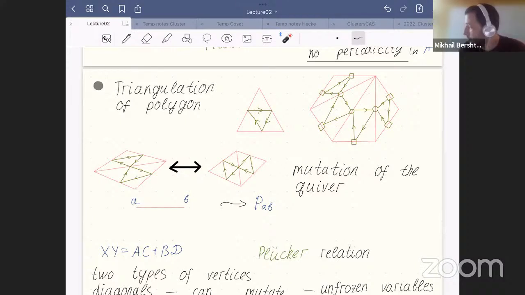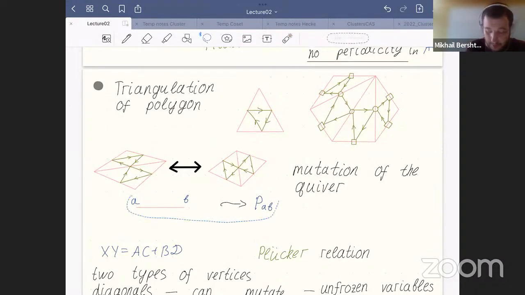So I somehow fixed the orientation of the plane. And further, if this picture were drawn not on the plane but on some surface, this surface should be orientable, and we pick some orientation.